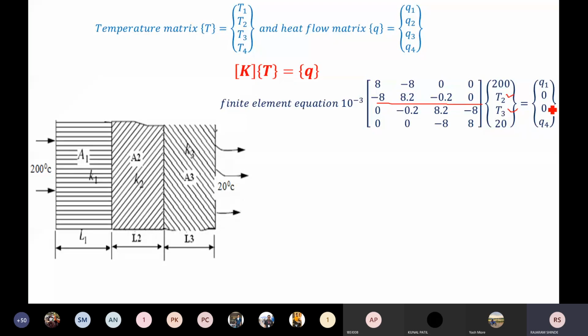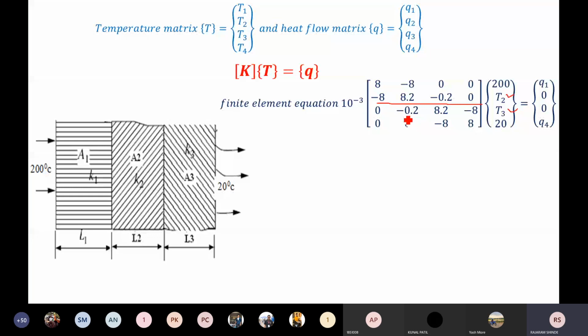When I take this term on this side, what will I get? 8.2 T2 minus 0.2 T3 is equal to 1600. Therefore, the second equation is 8.2 T2 minus 0.2 T3 is equal to 1600.